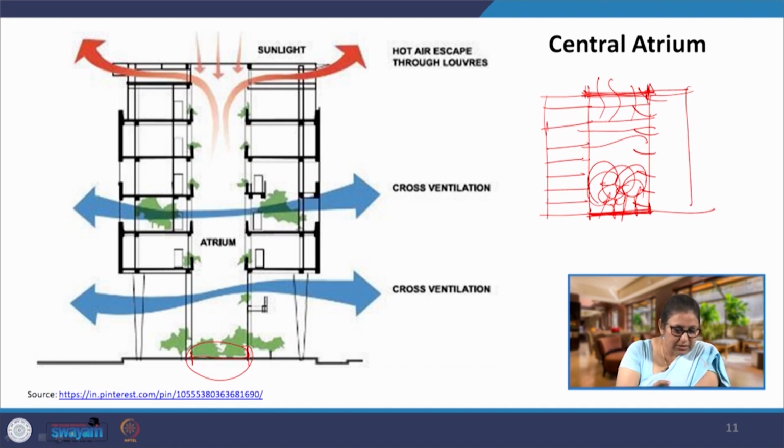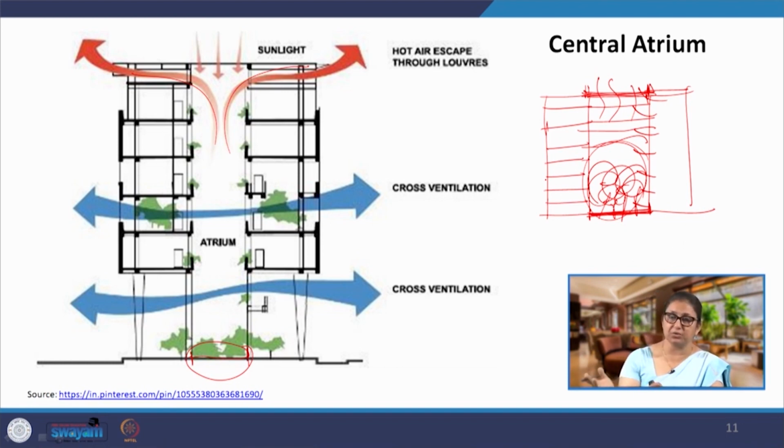So, in general the courtyard or the atrium is going to help in exhausting the air at upper levels, while at the bottom ones the vegetation is going to help in creating a more comfortable microclimate, a microclimate which is at a lower temperature. So, this is how atriums will aid and facilitate.